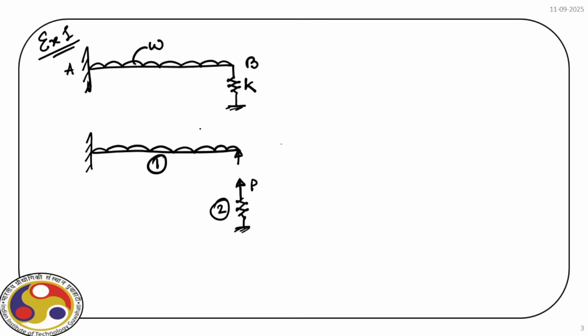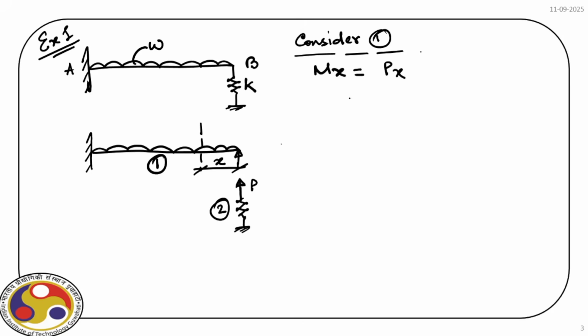Now for this first structure, let us first find out the moment at a distance x. So we have Mx is equal to P of x, so this is P, minus omega x square divided by 2.